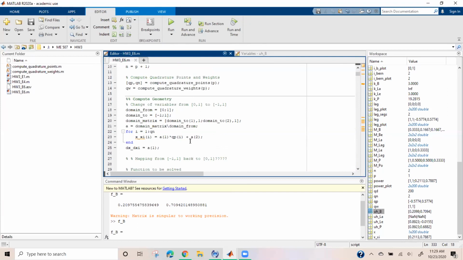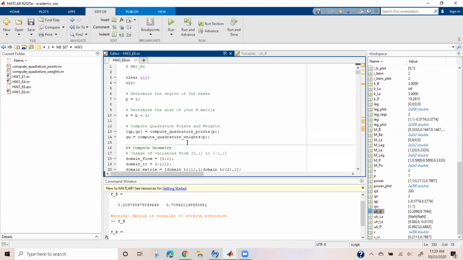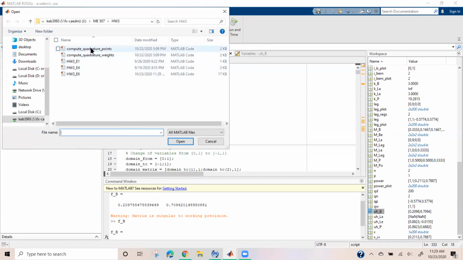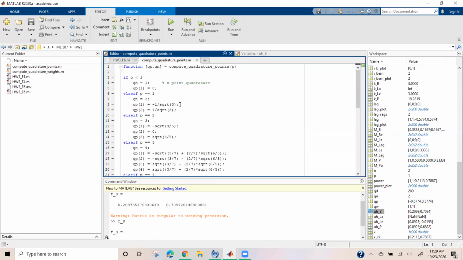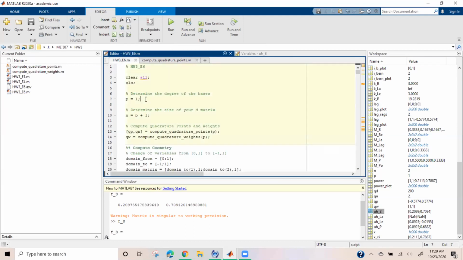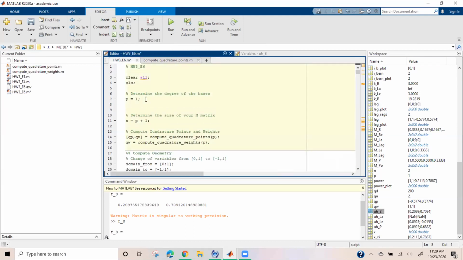The degree will be 1, but the number of quadrature points will be equal to some other value that you can set. So when you pass into that function, not P, just some other value. Okay. Go back, and then when you compute quadrature points and weights, don't pass in P. Pass in something else that you can set. Yep, there you go. Like 5. There you go.